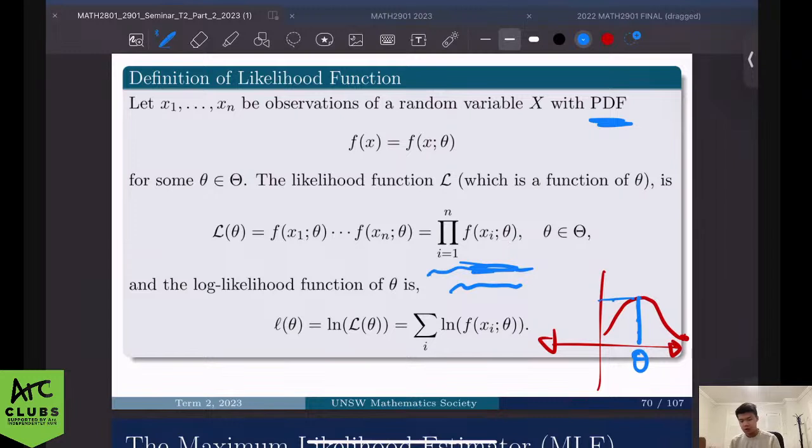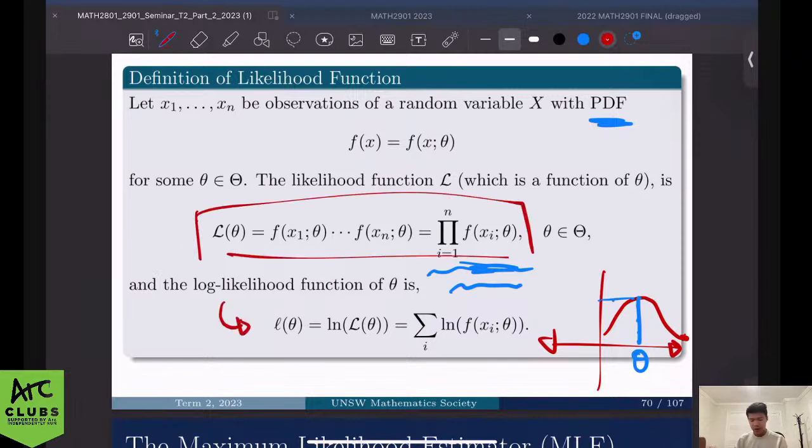So what we often do is we take the log likelihood function. We say this is our likelihood function, take the log of that, and now instead of trying to maximize this, we're trying to maximize the second thing. Okay, so now we turn a product into a sum because that's what logs do. And so when you try to maximize that, it's a lot easier because you just differentiate this, and you just get the sum of the derivatives.